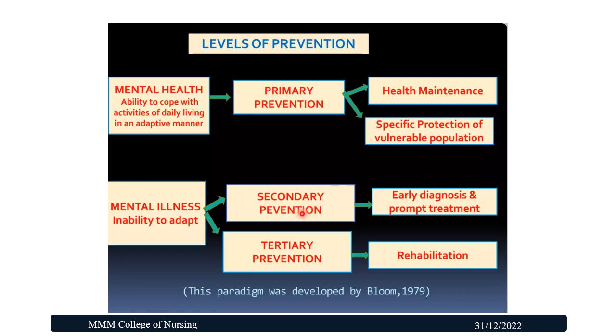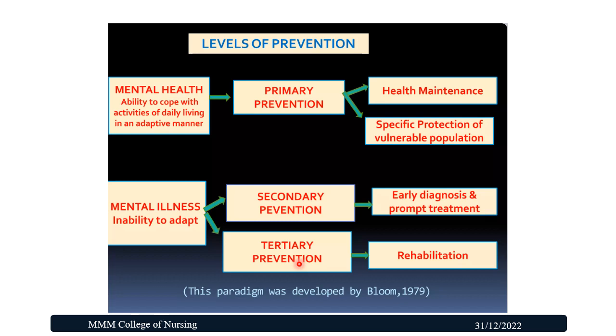Secondary prevention is given to those who show early symptoms of mental illness. Here, early diagnosis and prompt treatment is carried out. It helps to regain premorbid level of functioning.